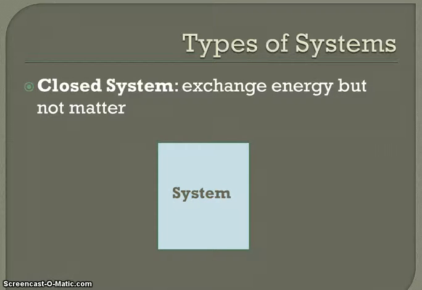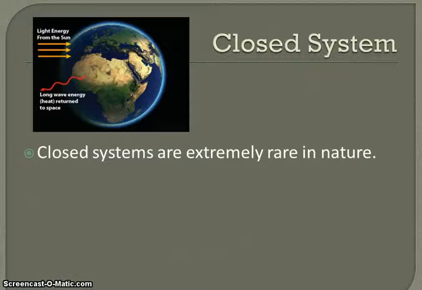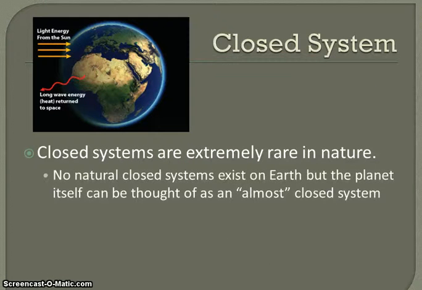A closed system has inputs and outputs, but only energy, not matter. These systems are extremely rare. There are no systems on Earth that are closed systems, but we can think of the Earth itself as a closed system.